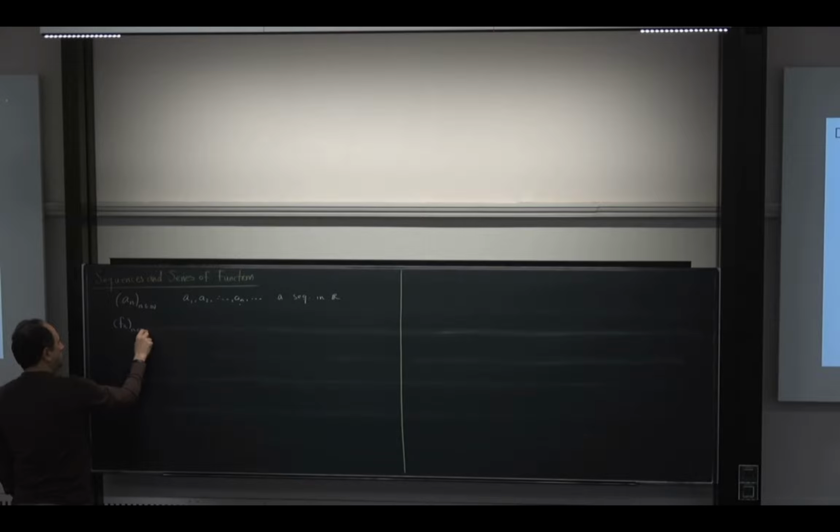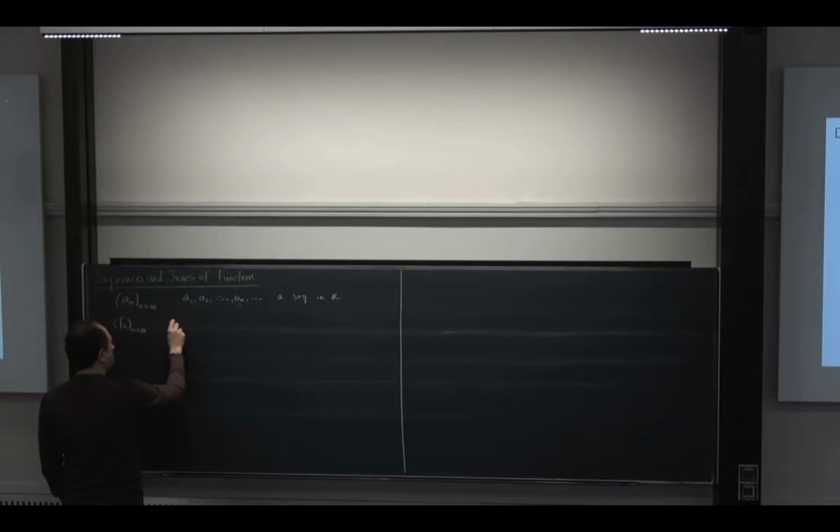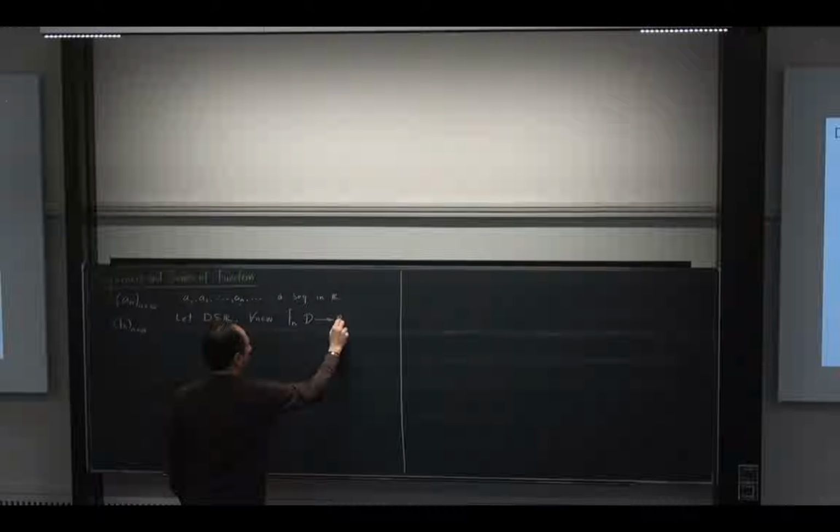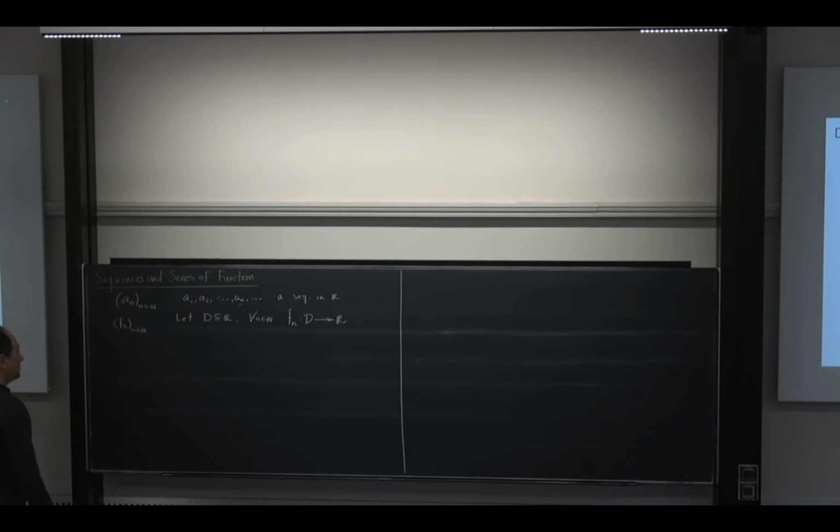But you know that functions have rules and domains. We consider that the domain of all of them are the same. So this means that, for example, I would say let D be a subset of R. Okay, and for every n in N, f sub n is a function defined on this domain D, and let us take the codomain R. Okay, so when you have a sequence of functions, in general you can have sequences of functions with different domains, but that is not very helpful.